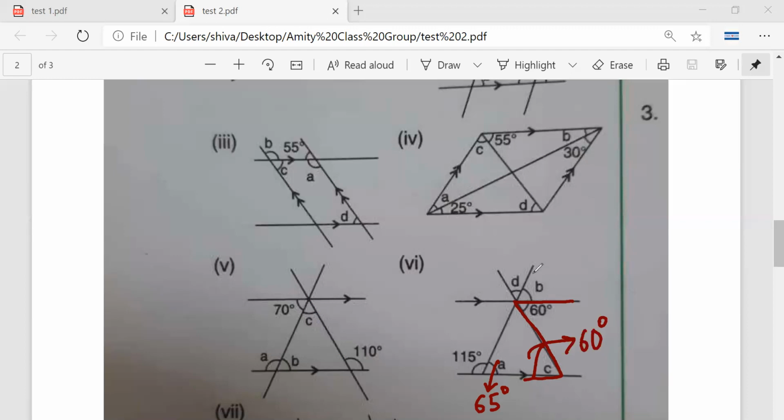Can you see a F here? Yes, sir. So it will be 65. Therefore, if this is 65, this will also be 65 degree.